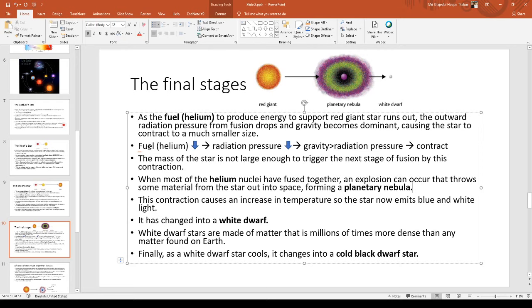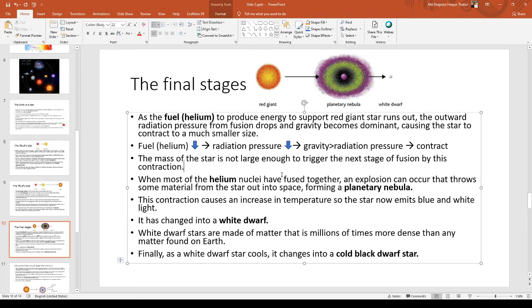Now let's get back to the explosion. We're talking about the star's explosion. So why does this explosion occur? Well, there was a large amount of energy being produced by the nuclear fusion.